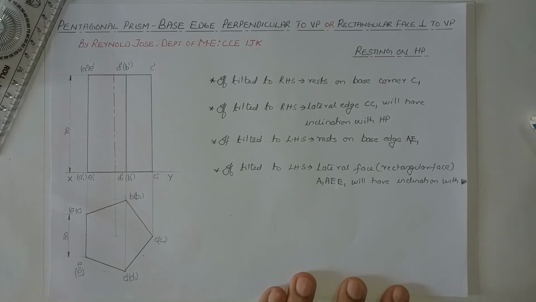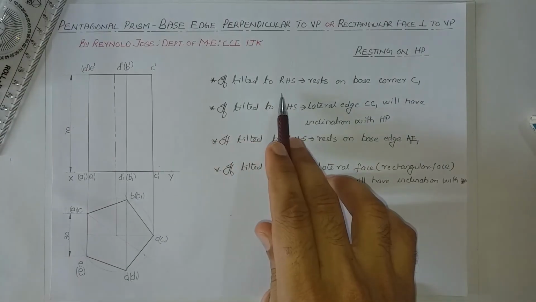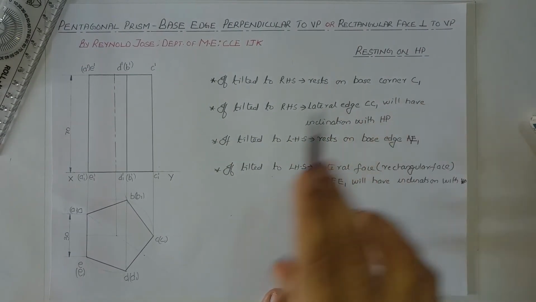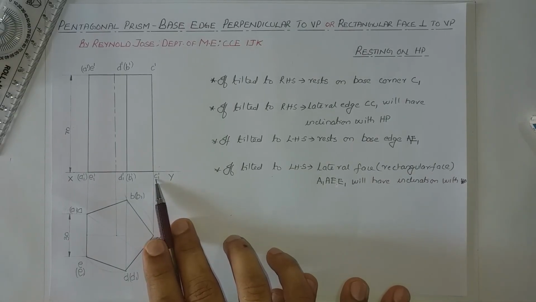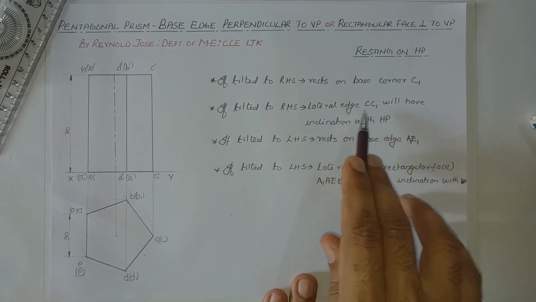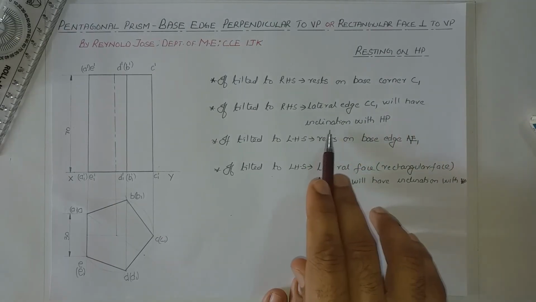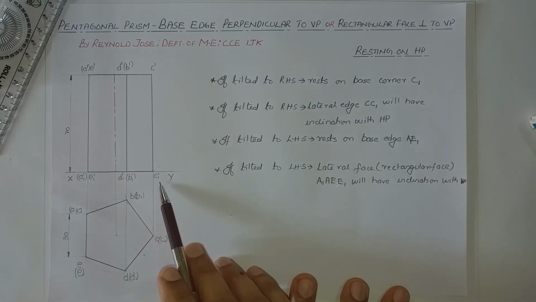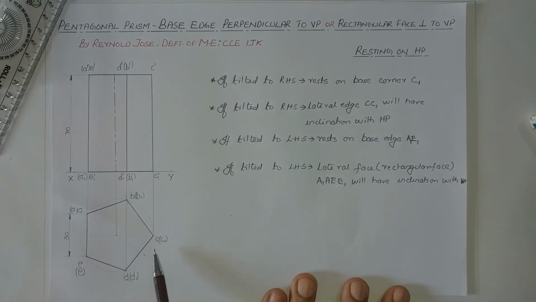If this prism is tilted to the right hand side, it will be resting on base corner C1. This is base corner C1, and if it is tilted to the right hand side, lateral edge CC1 will have inclination with SP. This is lateral edge CC1. It is visible in the front view and CC1 is visible as a point in the top view.